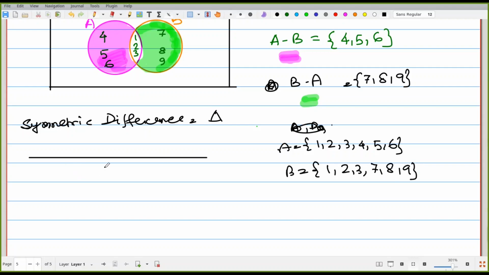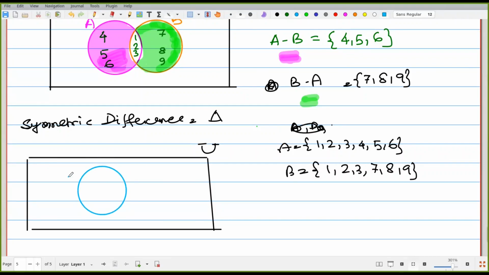So at first, draw the rectangle, that is our capital E. So draw the first set, that is A. Draw the second set as B.